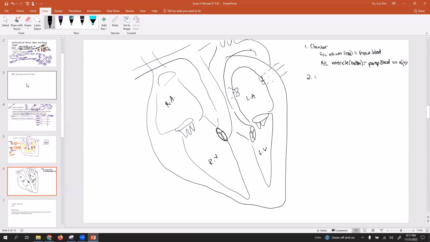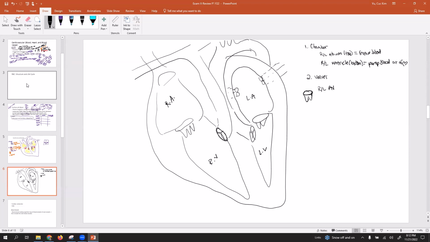Then you have the valves. There are two types of valves. There's the right and left AV valve, and they are characteristic in that they have these little flaps, whether it's two or three.